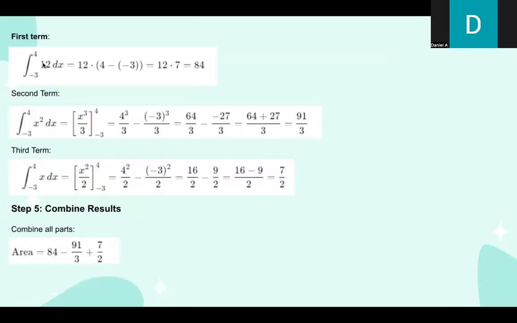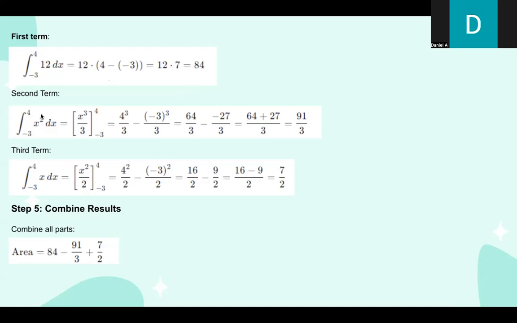The first term, the integral of 12 dx, equals 12 times parentheses 4 minus parentheses negative 3, which equals 12 times 7 equals 84.